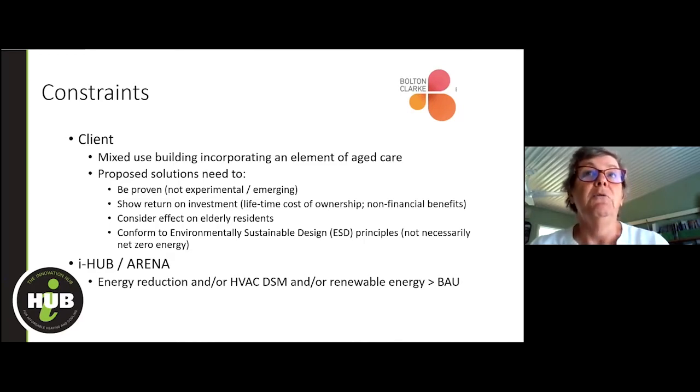They needed to consider the effects on elderly residents and conform to their principles of ESD. Interestingly, they don't have a corporate strategy of net zero energy or net zero carbon at the moment. But as well as the iHub and ARENA requirements, can we show energy reduction, HVAC utilisation or renewable energy that's better than business as usual.